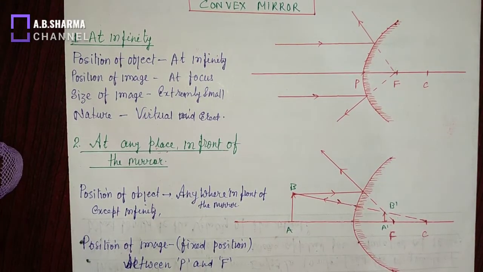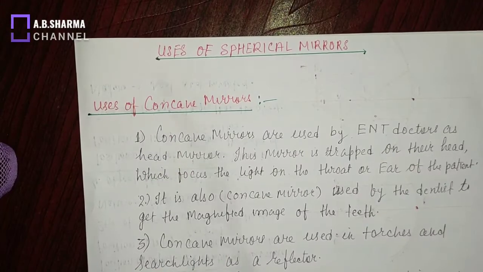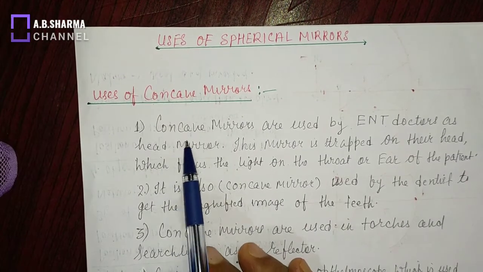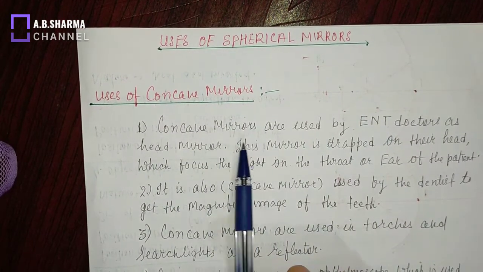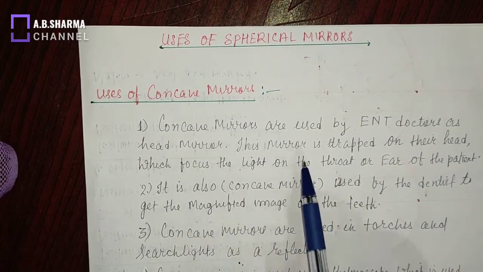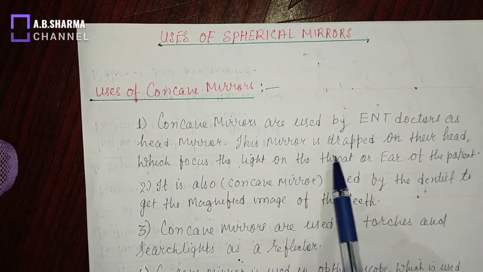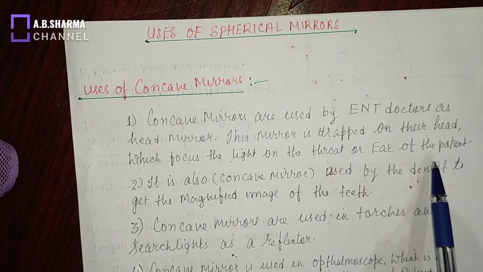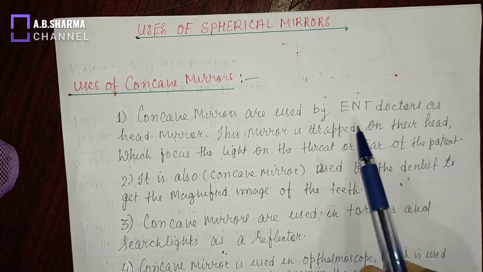Now see what are the uses of those mirrors. Uses of spherical mirrors. First, see the uses of concave mirrors. Concave mirrors are used by ENT doctors as head mirrors. This mirror is strapped on their head, which focuses the light on the throat or ear of the patient. What are ENT doctors?